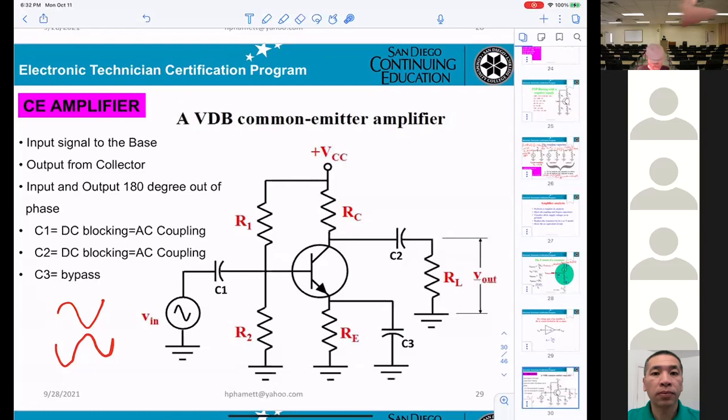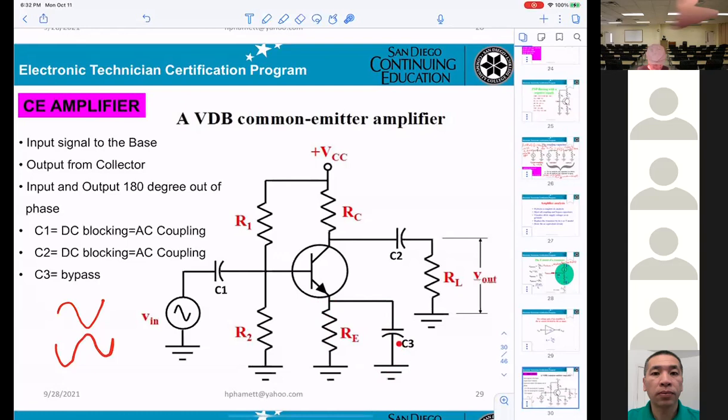You understand that for AC, this will be shorted, just like a wire. So basically the current at this point does not go here. When it is shorted, the current goes to the ground. So that's why they say bypass capacitor.